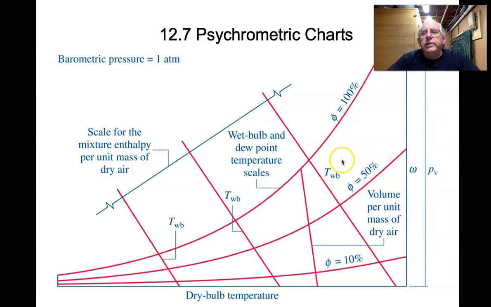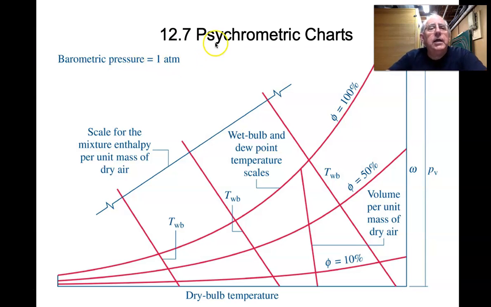It is directly related to the partial pressure of the vapor, because a psychrometric chart is drawn for only a single mixture pressure.